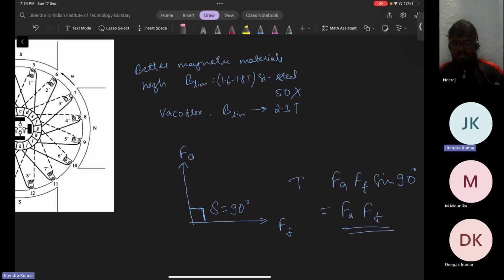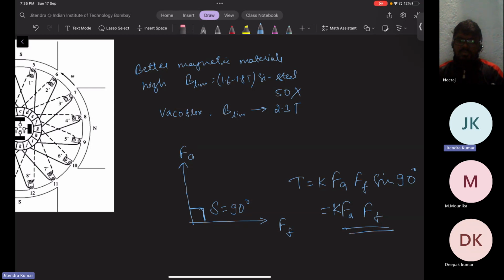If you remove the proportionality, you will have K FA FF. So armature winding is the winding that creates a force when you are loading your motor. Armature essentially means the load current flows, and because of that load current, a torque is generated in the winding to cater to that load.